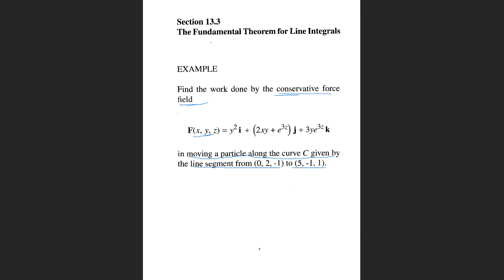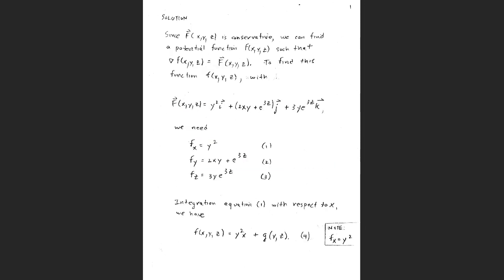Okay, so the approach is going to be just like the approach you learned on Tuesday's class when we found a potential function for a vector field of x and y. Now we're finding a potential function for a vector field of x, y, and z. So, okay, let's go ahead here and we'll look at the solution.